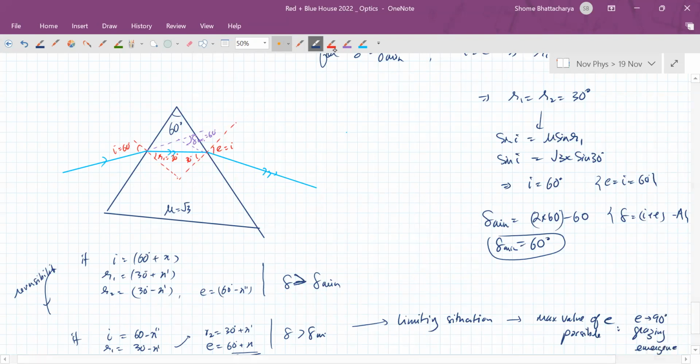Or the limiting situation corresponding to the maximum possible angle of incidence, which is the grazing incidence, I tending to 90 degrees. So like that.